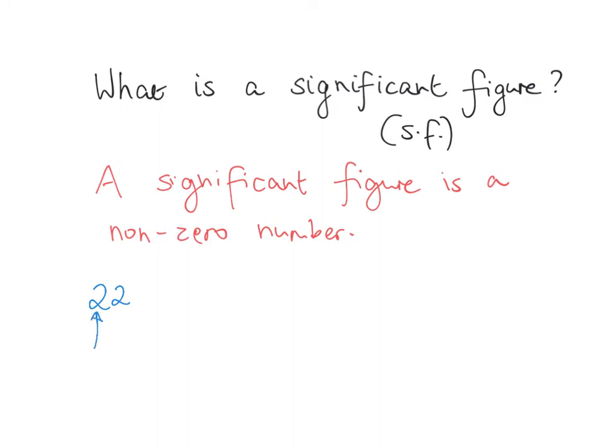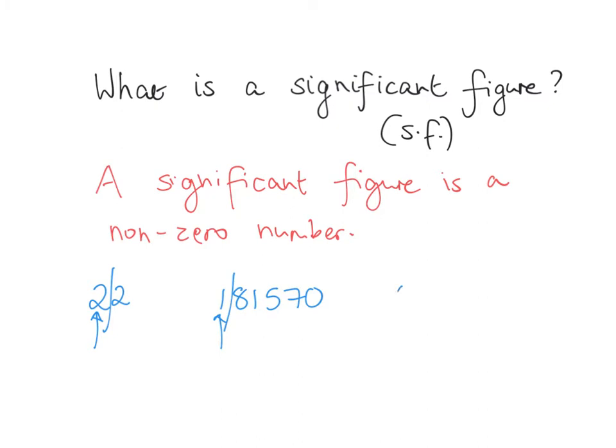Or we could have a much larger number, like that. And if we were asked to round that one to one significant figure, again, we look for the first digit, reading left to right, that is not a 0. And again, this would be our first significant figure. So in both cases, our rounding line will go in straight after that first significant figure.